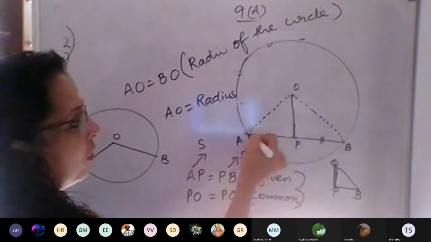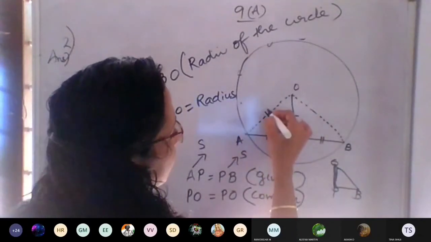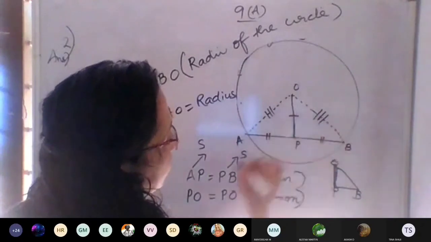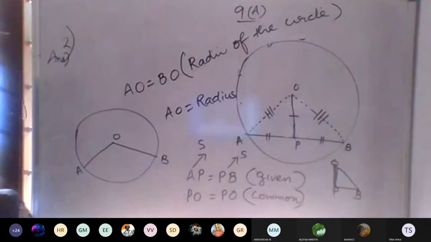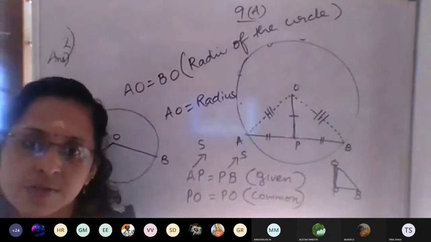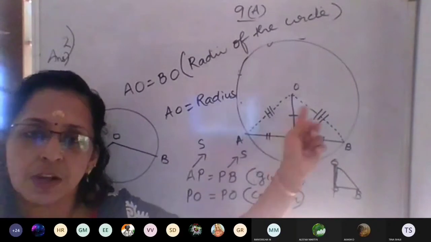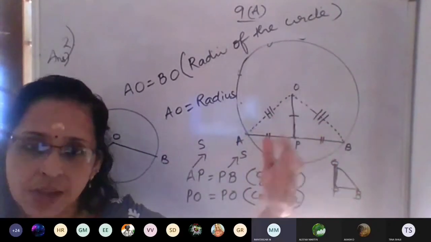So this is the side. If you are marking this as one line, this as three lines, here we can write three sides we got. Three sides of one triangle are equal to the three sides of another triangle.